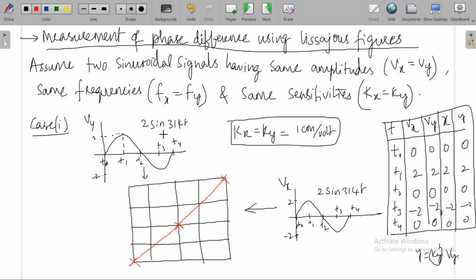For all instantaneous values of this as well as this, you're going to get a diagonal line.